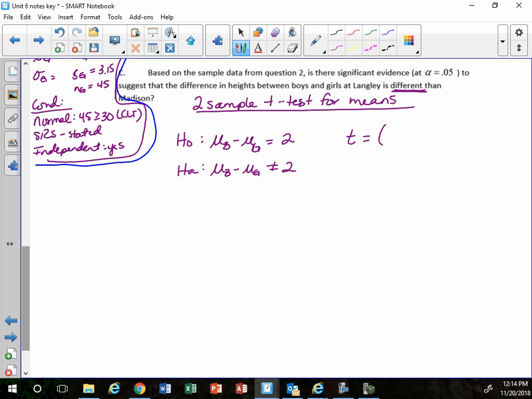It'd be X bar of boys minus X bar of girls minus mu of boys minus mu of girls, all over the big square root of S of boys squared over n boys plus S of girls squared over n girls.